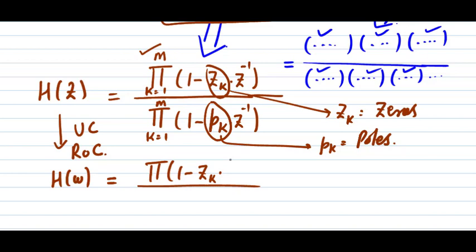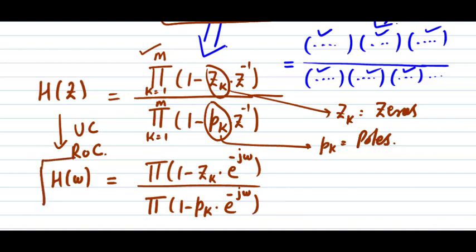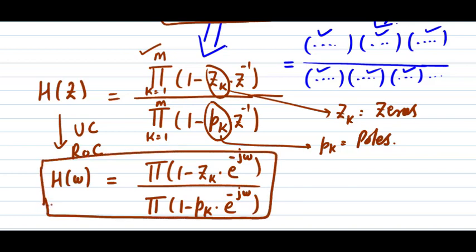Here the variable is z^-1, so it will be e raised to the power minus j omega, divided by the multiplication of 1 minus pk, again pk is the coefficient, and we replace z with e raised to the power j omega, and we get e raised to the power minus j omega. So it will be the frequency response of an LTI system.